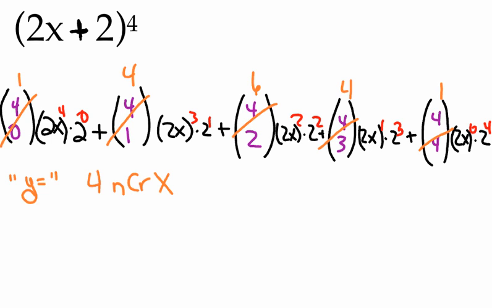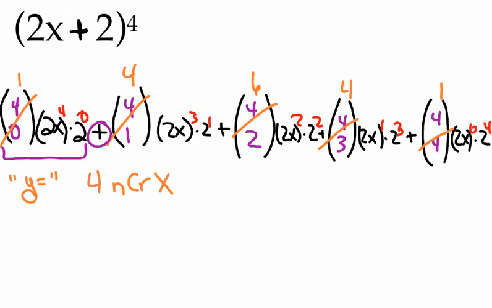So from here on out, all we have to do is simplify this, but this is where it can get kind of dicey. I've got my first term, and remember each of these in between our plus signs is a term.